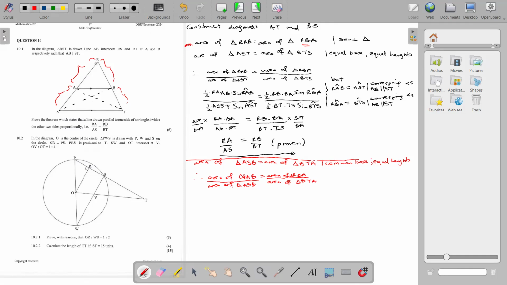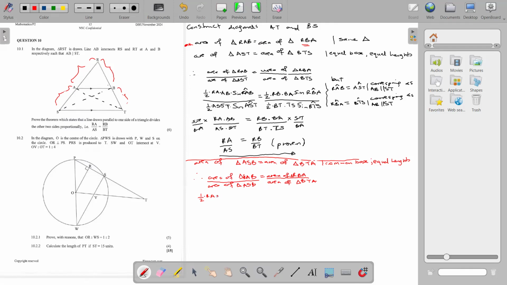In other words, we said this area divided by this area must be equal to this area divided by this area. Then from there, how do we get the area of a triangle? It's half base, we are going to talk of the side that we want, which is RA.